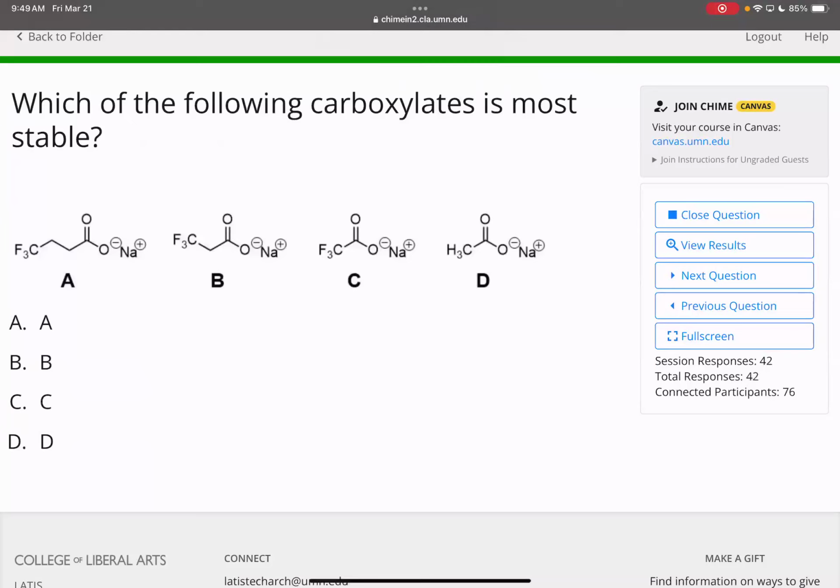Those are two different ways of asking the same question. So again, we're just looking at different substituents on this carboxylic acid, in this case all CF3 groups or CH3 groups, and then looking at distance. So once again, feel welcome to chat with your neighbor, see if that's making sense, see if you agree.